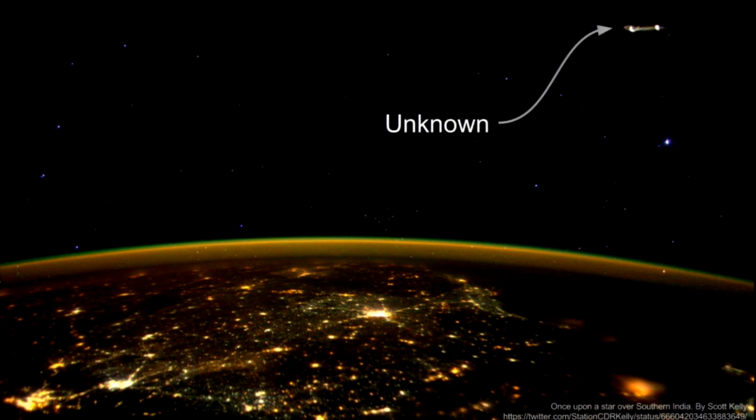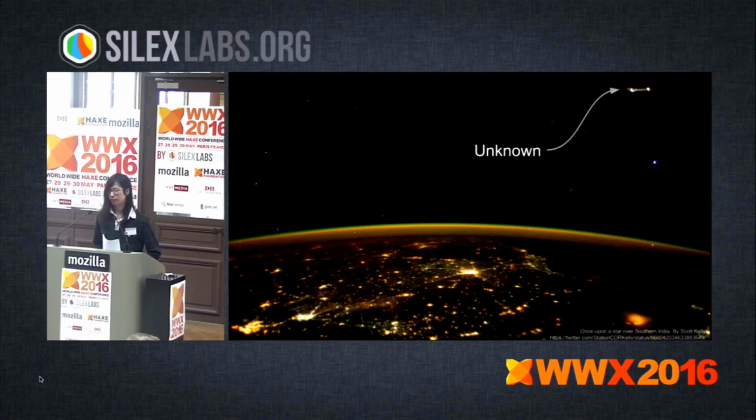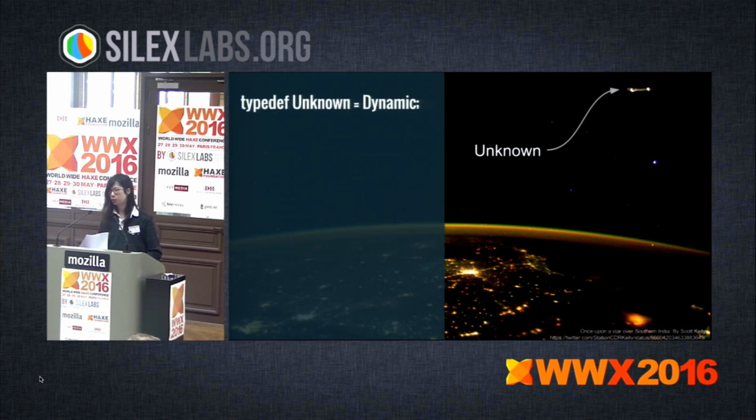So sometimes there are unknown entities in the documentation, or the information is missing, and then we can use dynamic for that. One little tip for you is that I think it's useful to have a specific type, maybe typedef Unknown = Dynamic, and then you can let the generator output Unknown instead of Dynamic for all the types that you are not sure about.